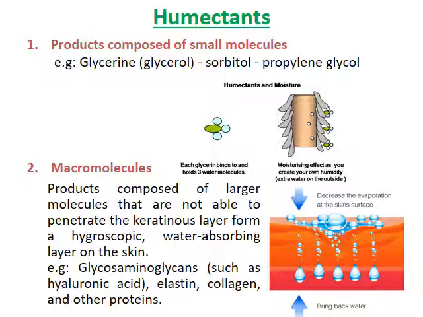Humectants. There are two classes or subtypes of humectants. The first one is products composed of small molecules, and the second one is products composed of large molecules or macromolecules. Small molecules like glycerine or glycerol, sorbitol, and propylene glycol.